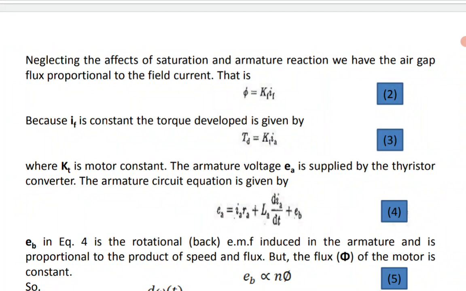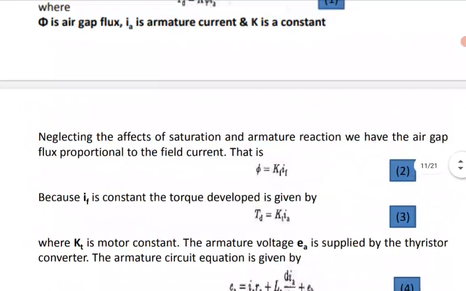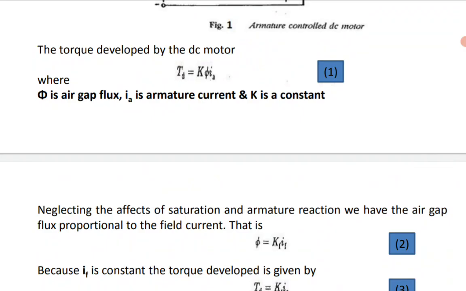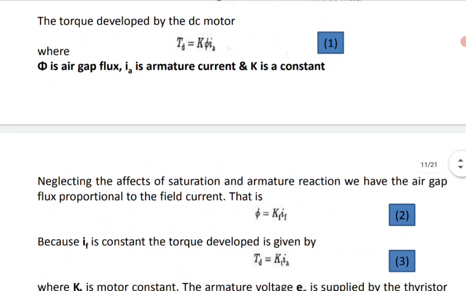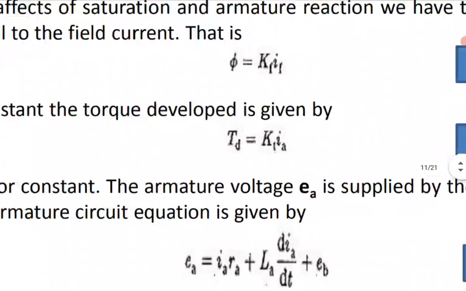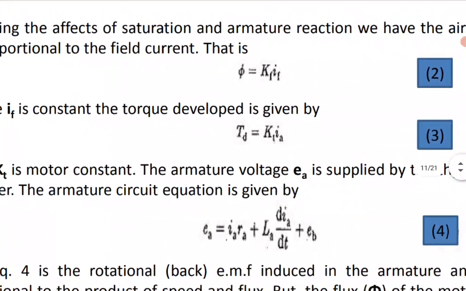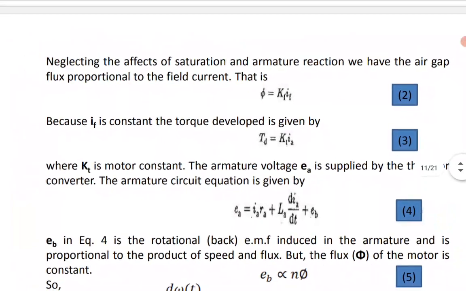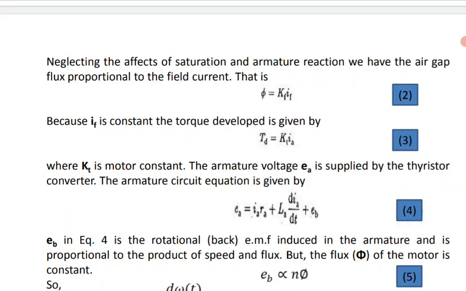So because if is constant, for the torque developed we substitute phi is equal to kf into if into this equation, that is Td is equal to k into kf into if into ia. Then k kf if, the entire term, is taken as a constant except ia, which is my variable. That entire term I denote by kt. So Td is equal to kt into ia after replacing phi is equal to kf into if in equation 1, where kt is the motor constant.